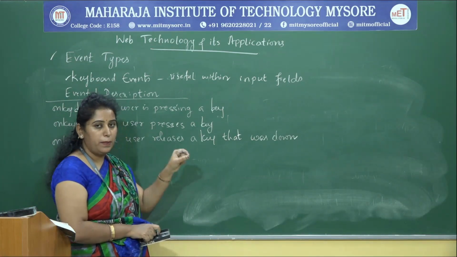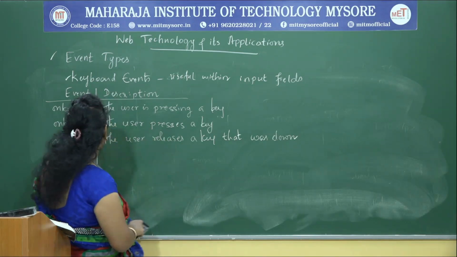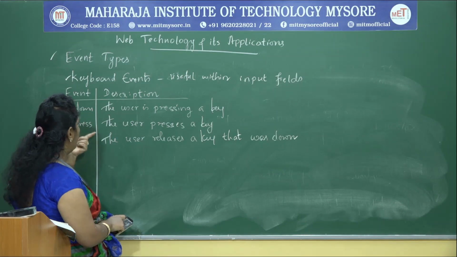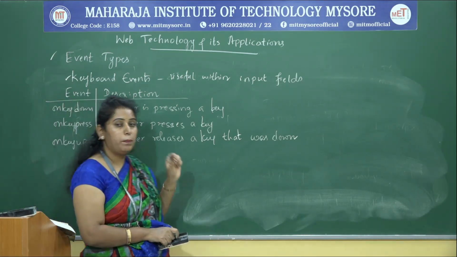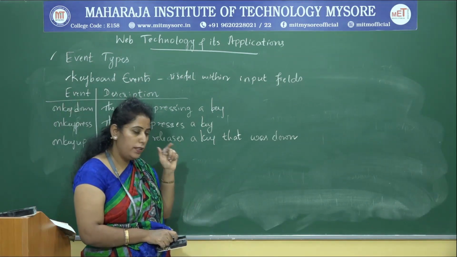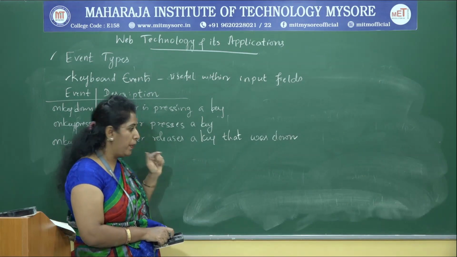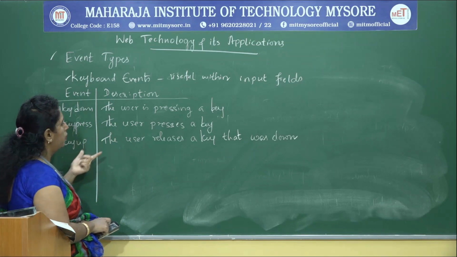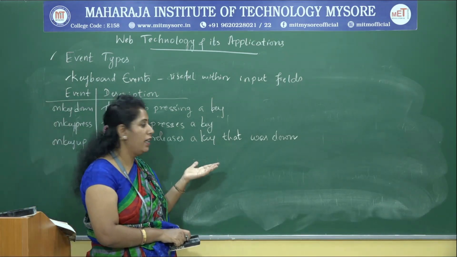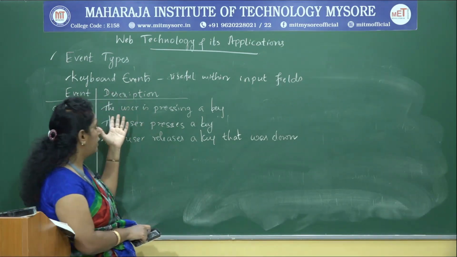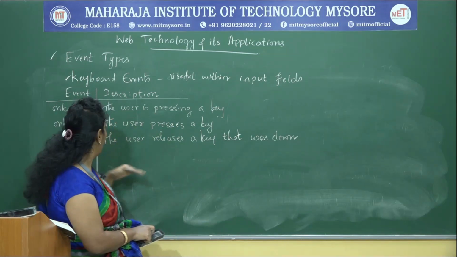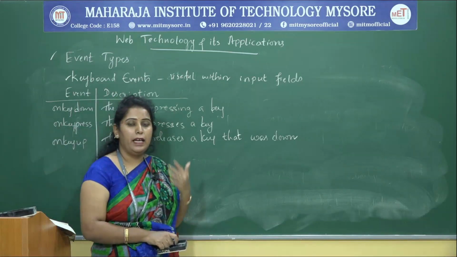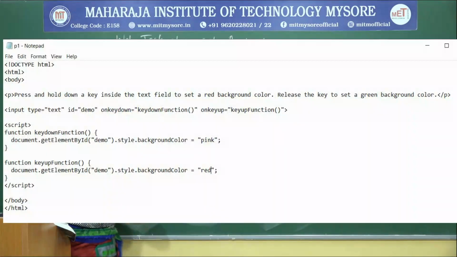If you are pressing a key, that event we call onkeydown. onkeypress: the user presses a key. onkeyup: the user releases a key that was down. In the sense, you are releasing a key. Okay, so let us take an example on this.